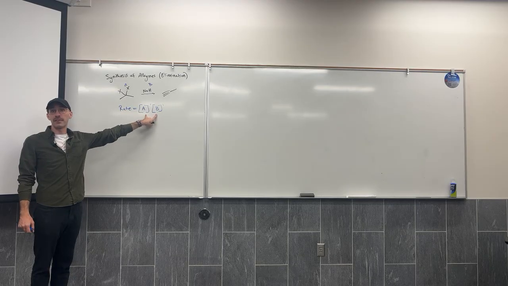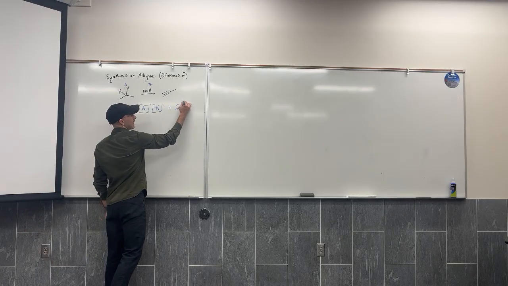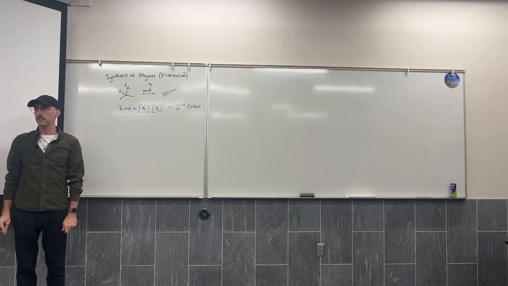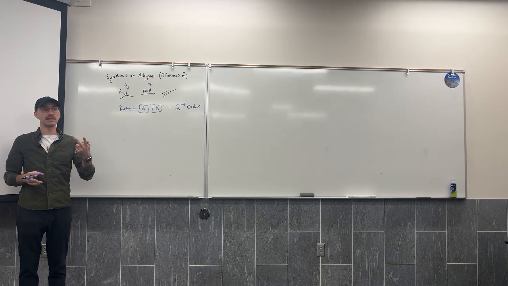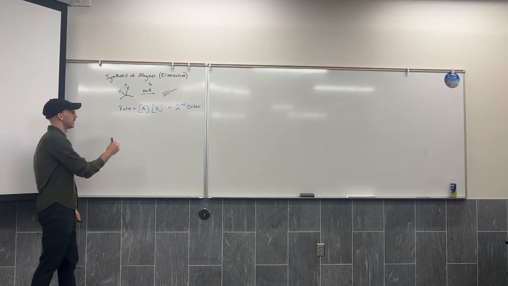If I double the concentration of A and B, I quadruple the rate of reaction. This is a second order reaction. That's what we call it, second order, because it depends on two things. There are two impacts to it.